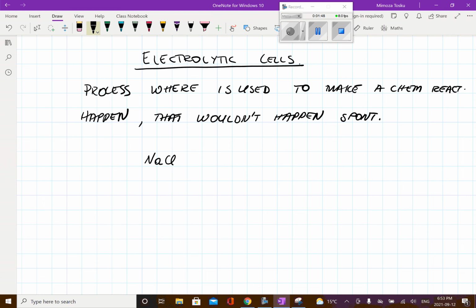So what we want to do through electrolysis or electrolytic cells is to break this down. Instead of sodium chloride, we want to have sodium and chlorine.